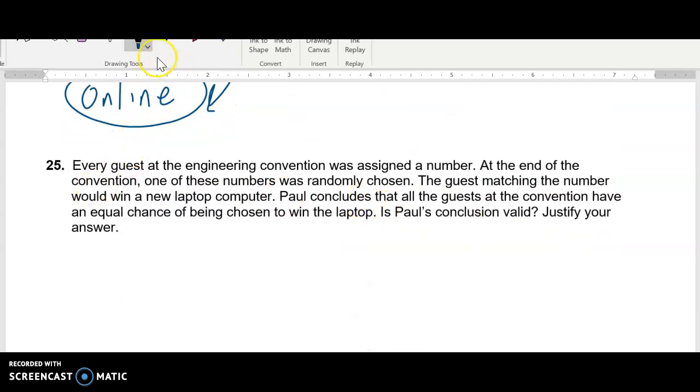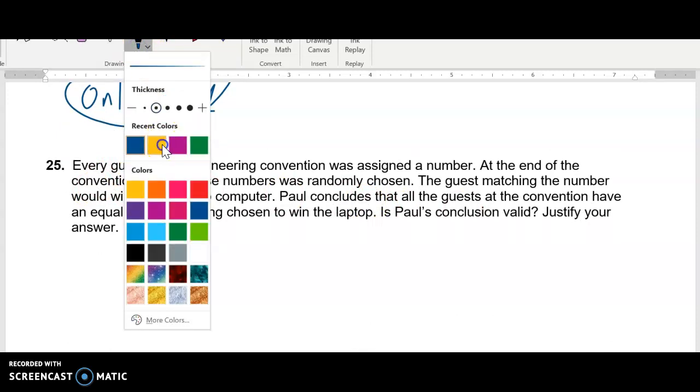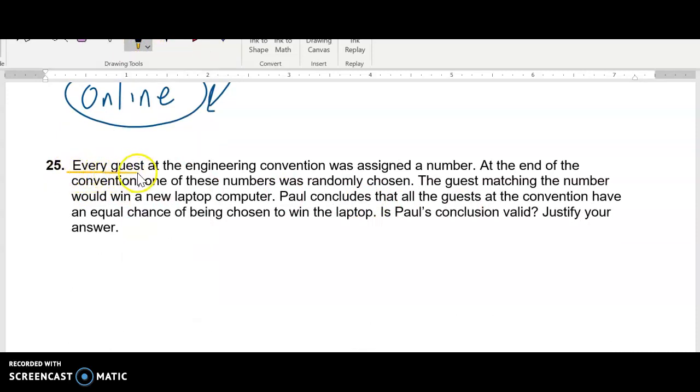Every guest, that sure sounds inclusive. Every guest at the engineering convention was assigned a number. Walk through the door, I give you a ticket. At the end of the convention, one of these numbers was randomly chosen. The guest matching the number would win a laptop computer. All the guests at the convention have an equal chance.